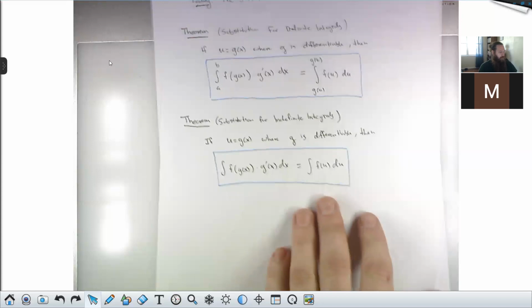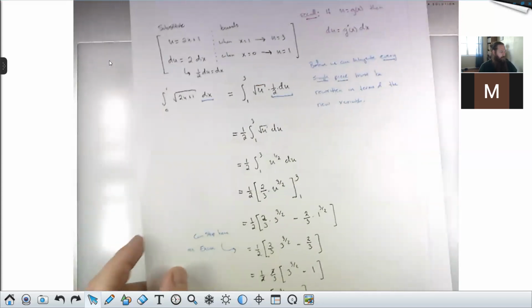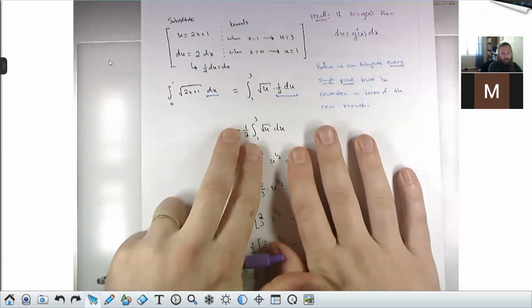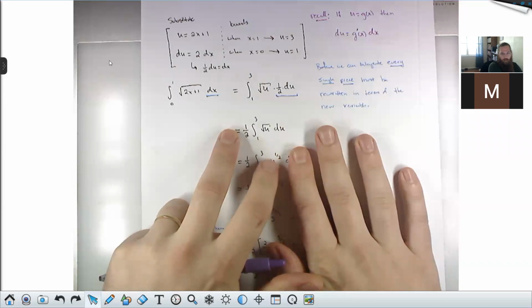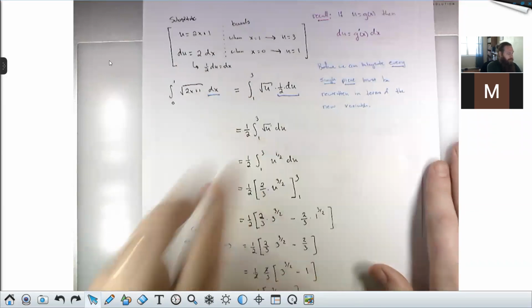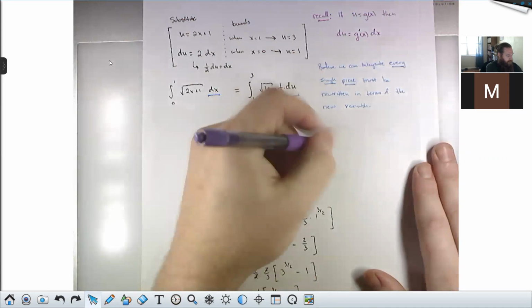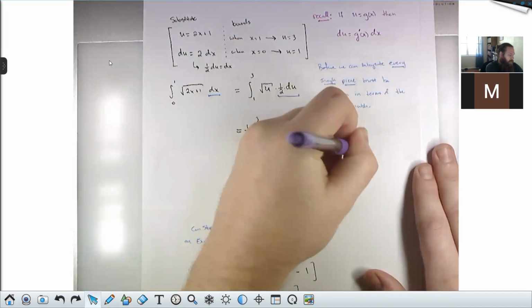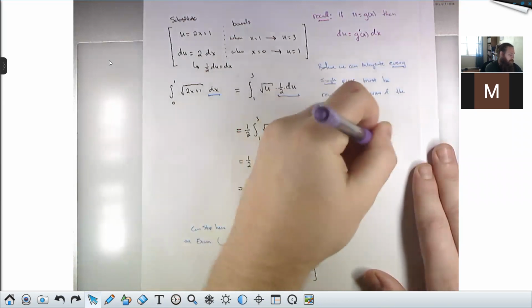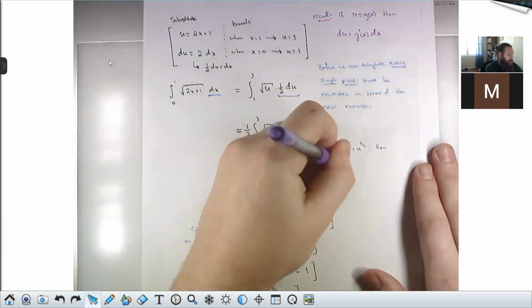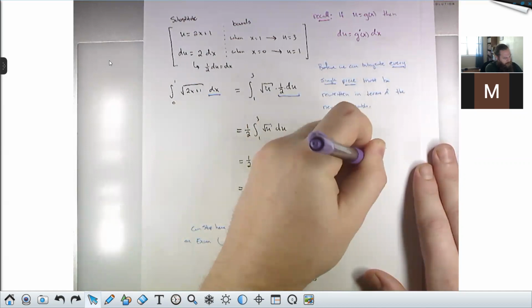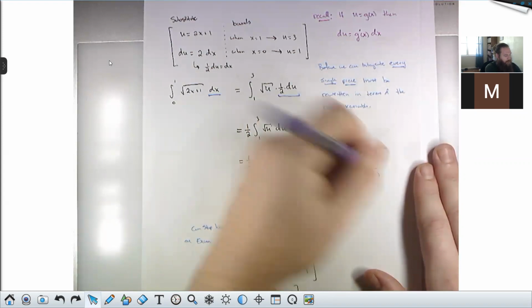Joe asks where the 2/3 came from. Remember how your power rule works, right? To find an antiderivative for U to the 1/2, I need to add 1 to that power and then divide by that new power. So if little f of U is U to the 1/2, then big F of U, an antiderivative, would be U to the 1/2 plus 1 divided by 1/2 plus 1.